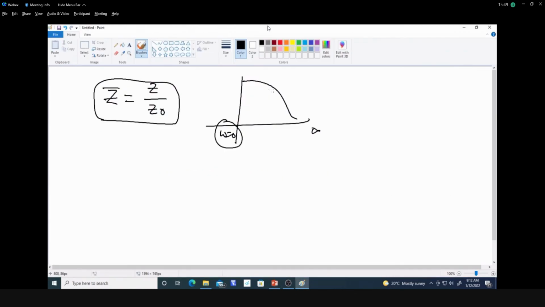So somewhere here, 3 dB down, where omega becomes equal to omega c, we are going to get the cutoff frequency.